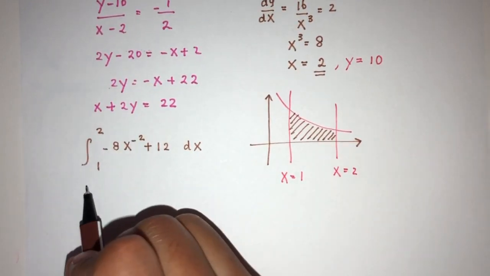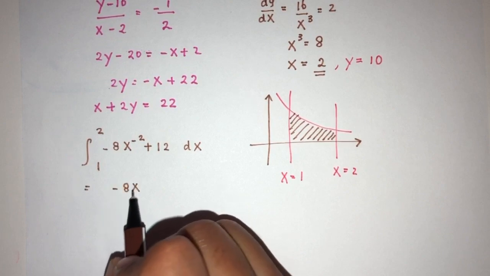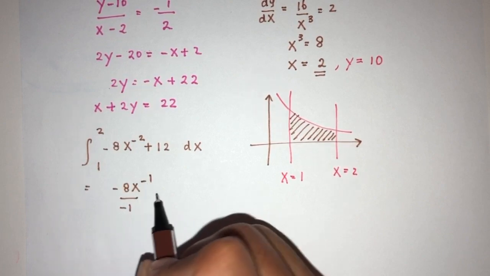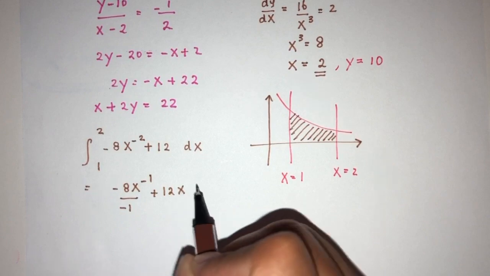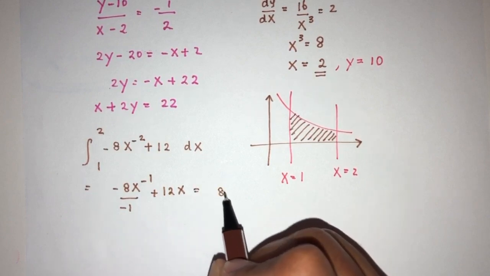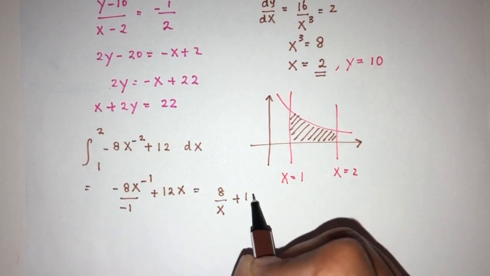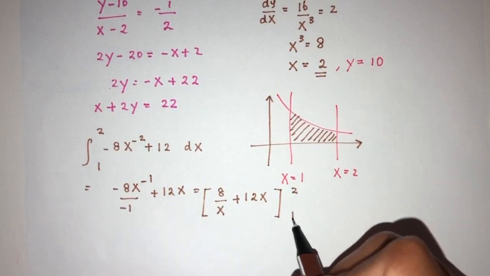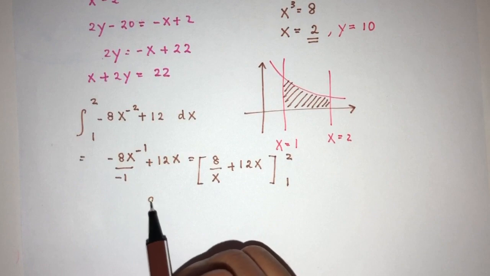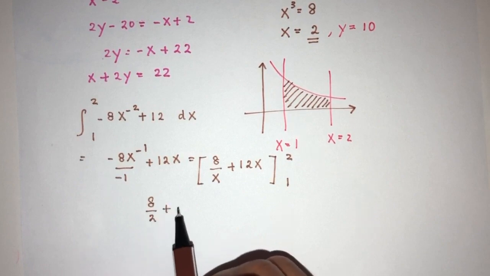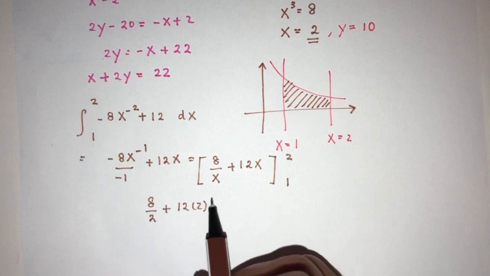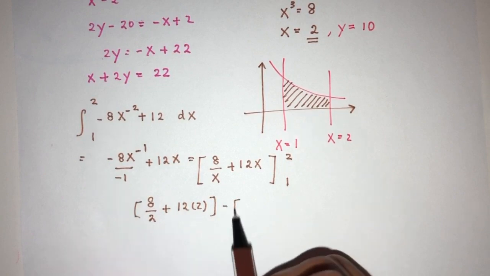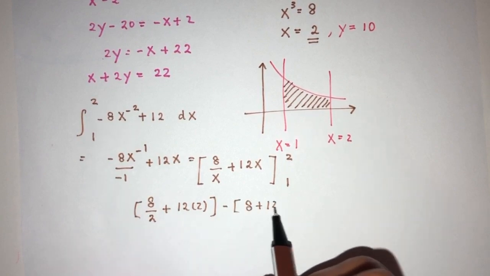So let's see what we can do here. That will be minus 8 x to the power minus 1 divided by minus 1 plus 12x. That will be 8 over x plus 12x, from 1 to 2. 8 divided by 2 plus 12 times 2, minus 8 plus 12.